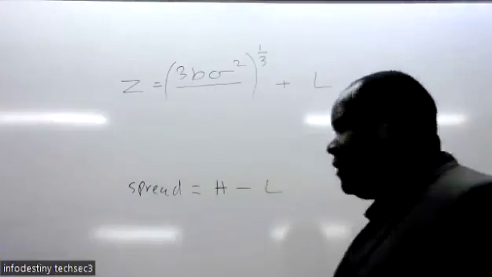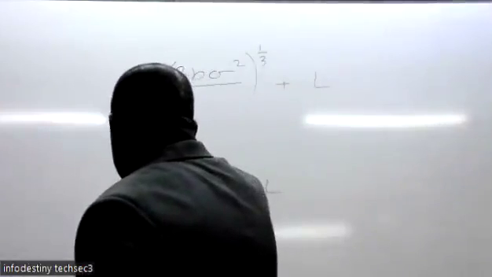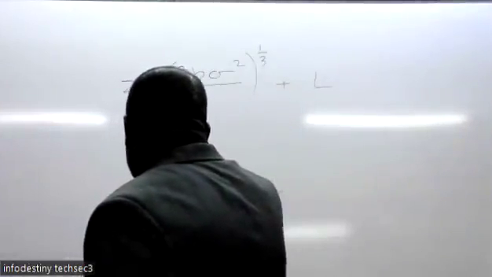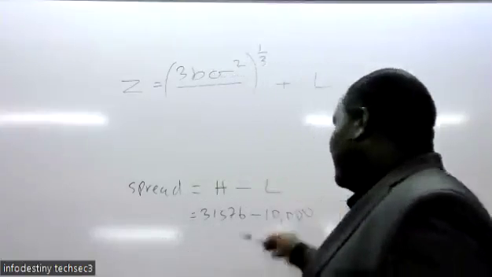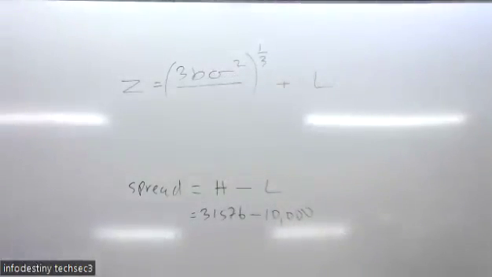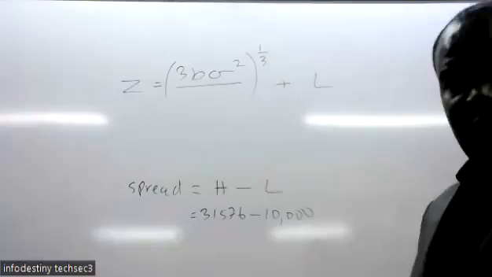Upper limit was 31,576. So subtract 10,000. So that is what will now give you the spread. So that is now for that particular question.